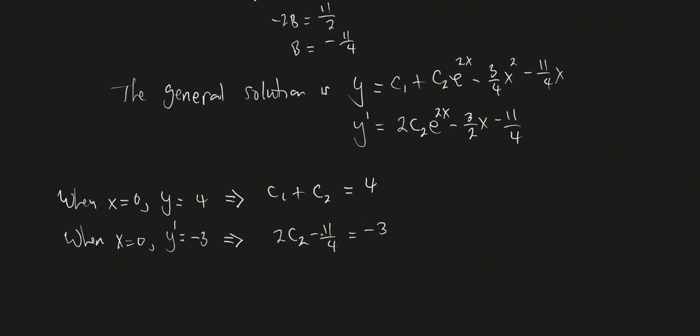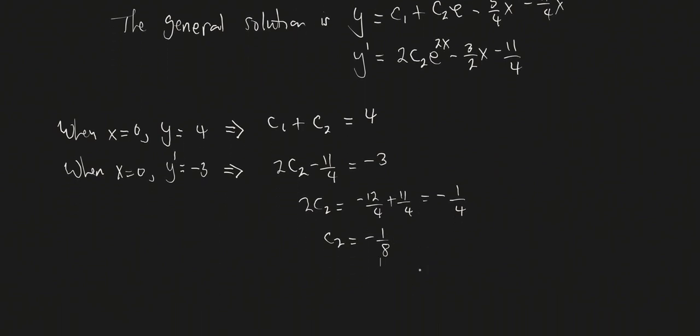So add 11 fourths to both sides, and you will get 2C2 is equal to negative 12 fourths plus 11 fourths, so negative 1/4. Divide by 2, so C2 is negative 1/8, right? That's good.